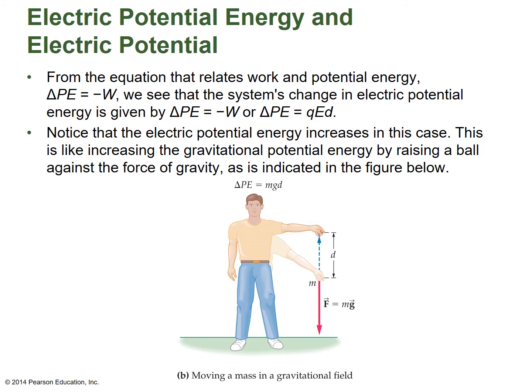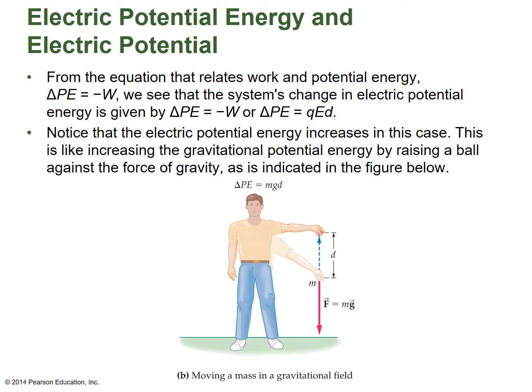This is very similar to what happens when you have a ball in your hand and you let it fall under the influence of gravity. The electric potential energy increases in this case. This is like increasing the gravitational potential energy by raising a ball against the force of gravity.